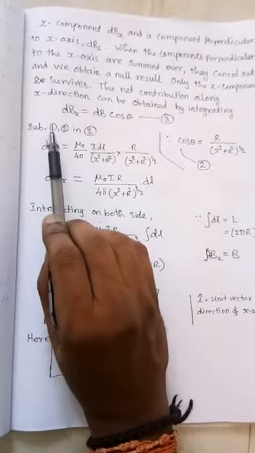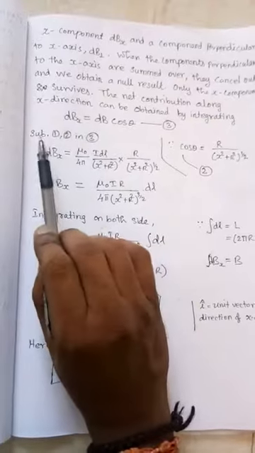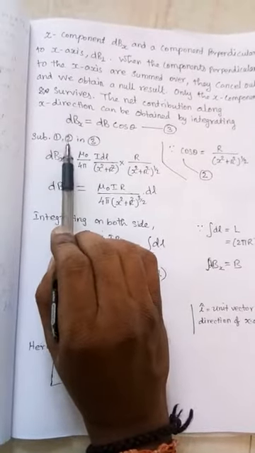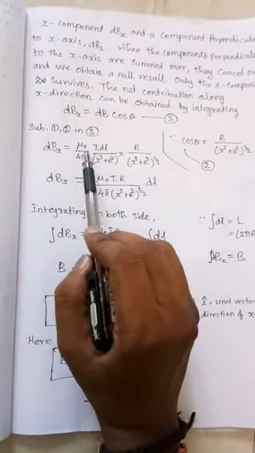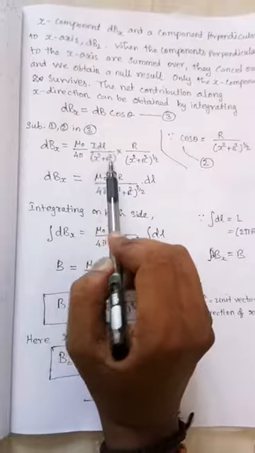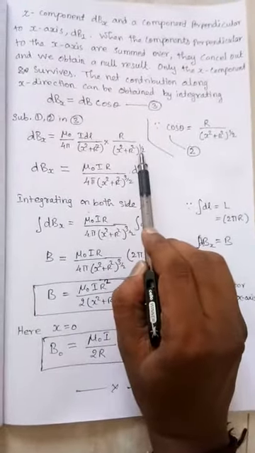Now substitute equations 1 and 2 in 3. So dBx is equal to dB, which you already know, mu naught by 4 pi, I dl by x square plus R square, into cos theta, R by x square plus R square whole power 1 by 2.